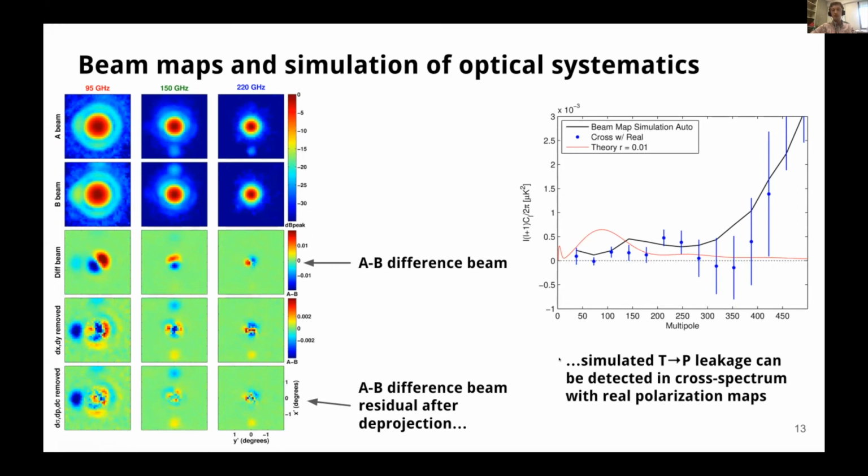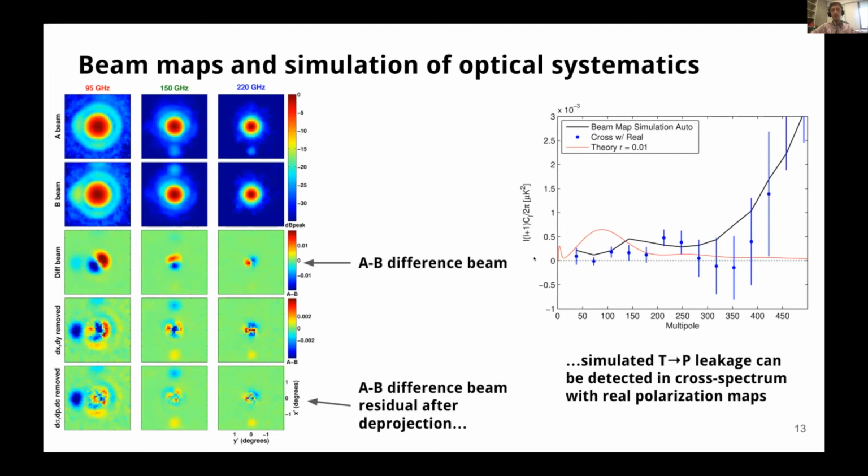We can then make simulations of that and take a cross spectrum between those simulations and our real maps, and that gives you these blue points with error bars. You can see that these points are modestly positive, meaning there is some detection of this high order temperature to polarization leakage in our real maps.